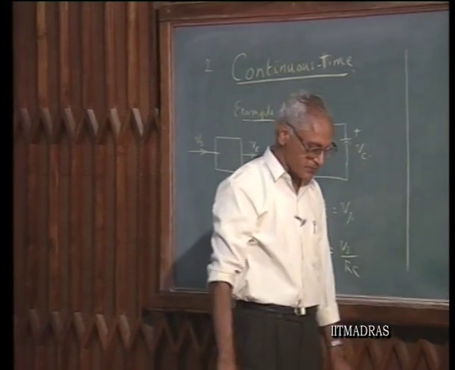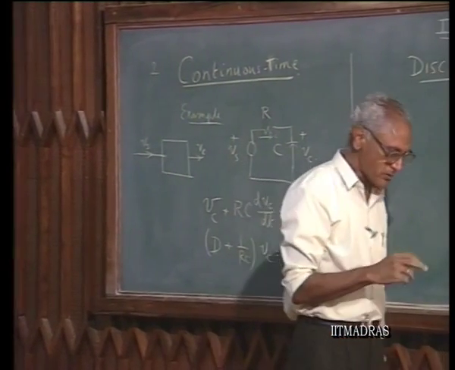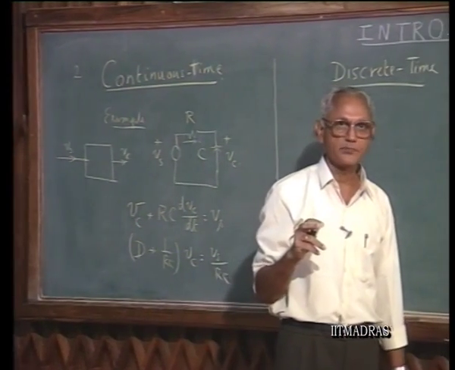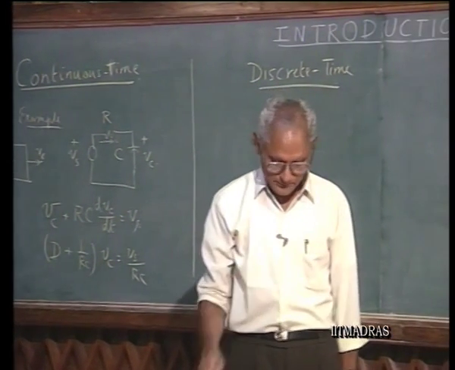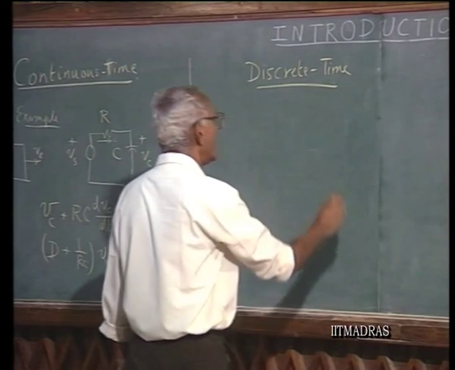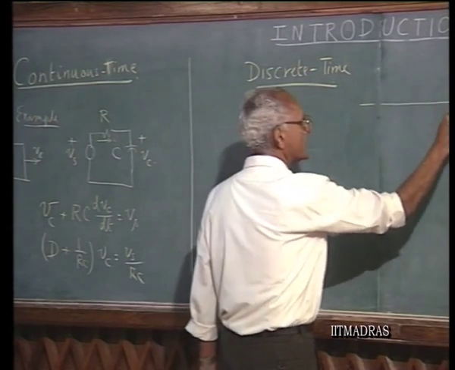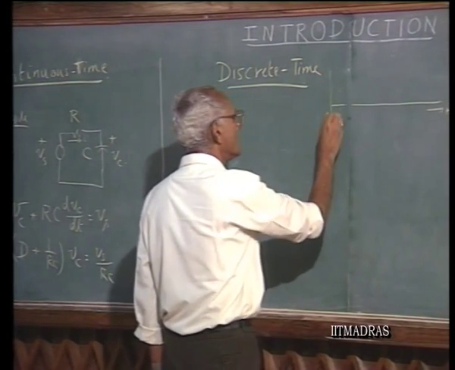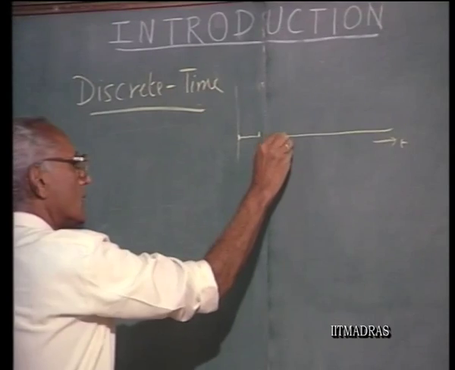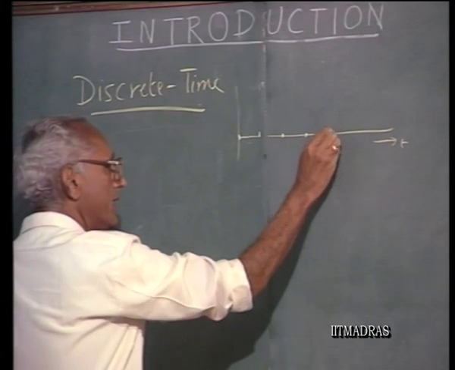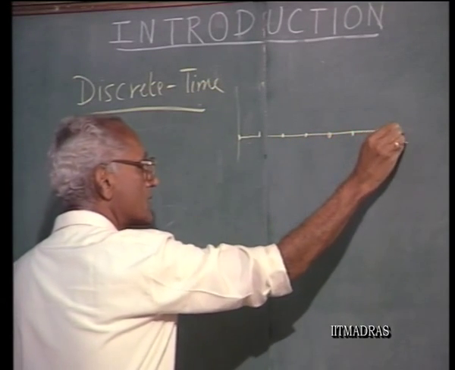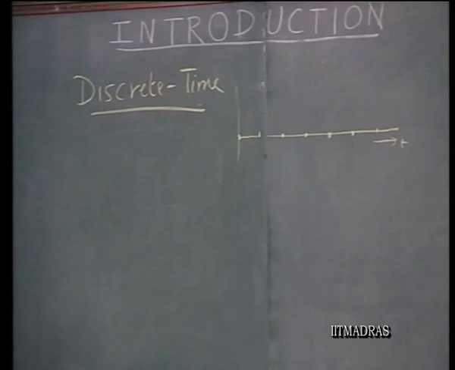As a discrete time system, you have these input-output relations described for discrete values along the time axis. So if this is the time axis, you might have equations which are valid only at certain points. The time axis may be defined in units of seconds, microseconds, months, years, as the case may be.